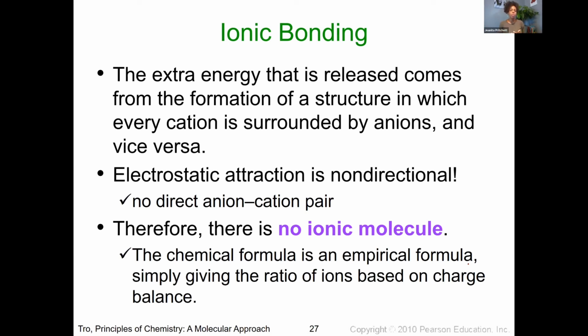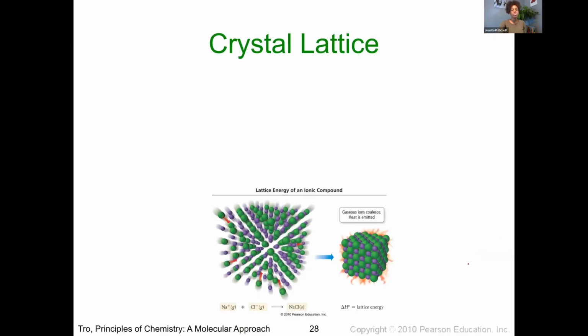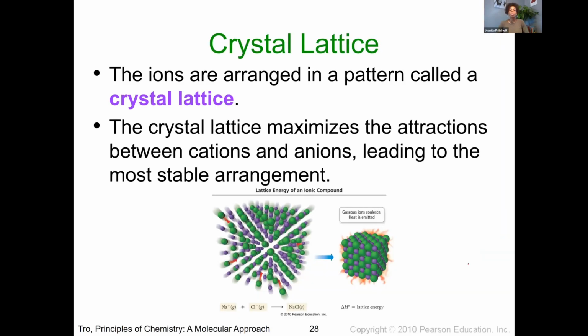When we report the chemical formula, it's simply the empirical formula of the ions to one another. And so we've seen this image before, where the positive and negative ions create this crystal lattice structure with a repeating pattern.